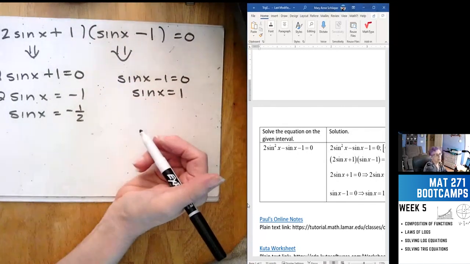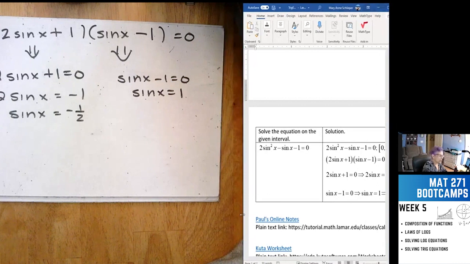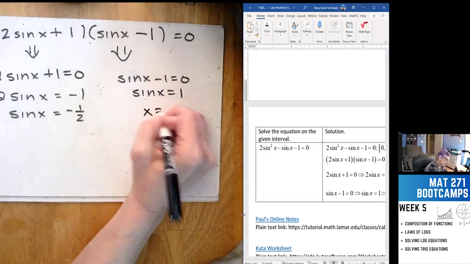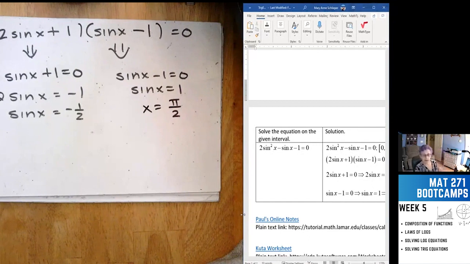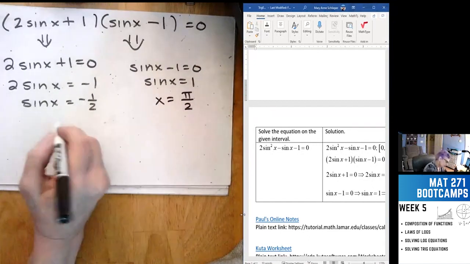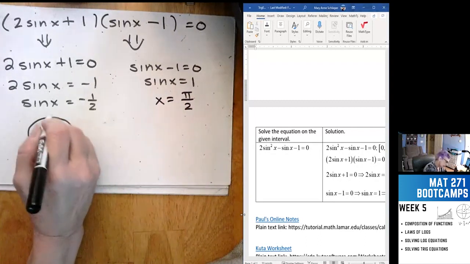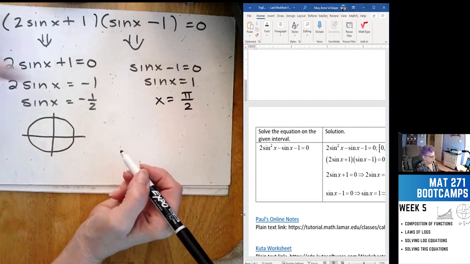That one's easy because I only need my answers on the interval from 0 to 2 pi. So there's only one place that happens. There's two places where sine is equal to -1/2. So again, I think back about that unit circle.